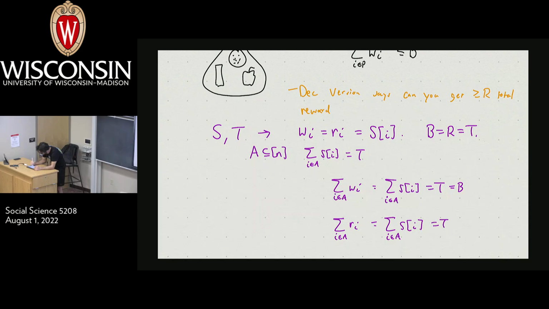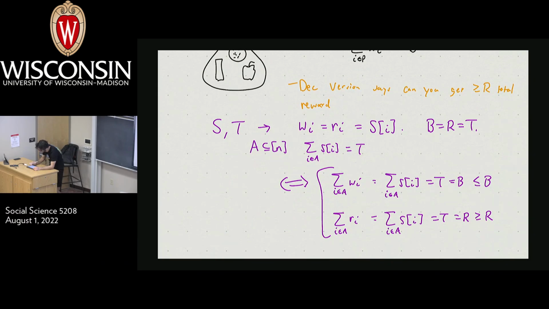That's equal to t, which is equal to R. And so, in particular, it's at most B and at least R. And so the knapsack problem is a yes instance. On the other hand, if the knapsack problem was a yes instance, well, we know this is true, and so we found a subset that sums to t. So this happens if and only if this happens. So that's why the reduction is correct.